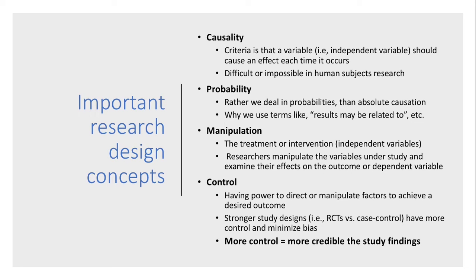However, there's a lot of what we call extraneous or confounding variables or biases that can make it difficult to infer causality. Because it is difficult in human subject research to prove causality, we're really dealing with probability.